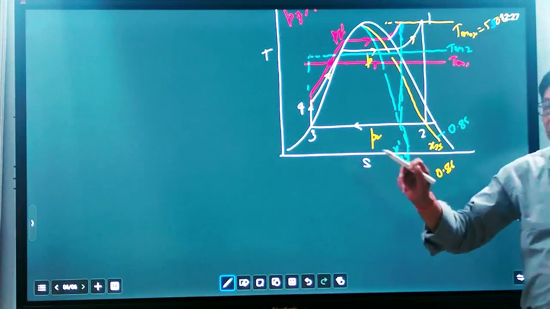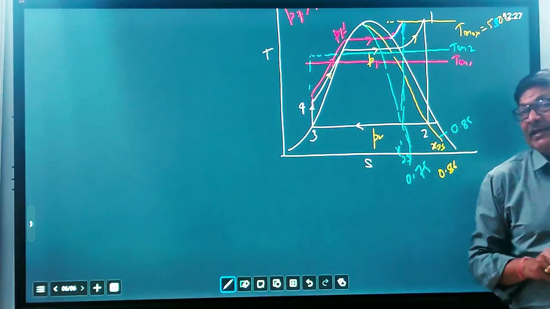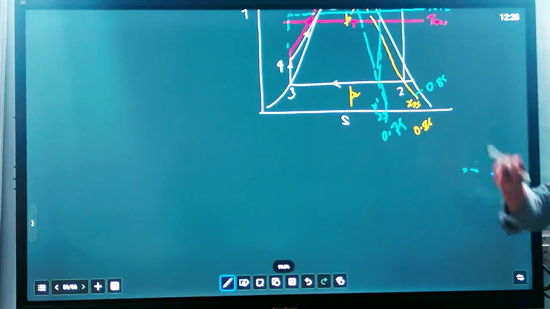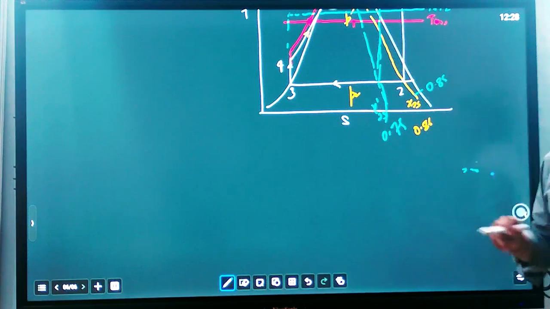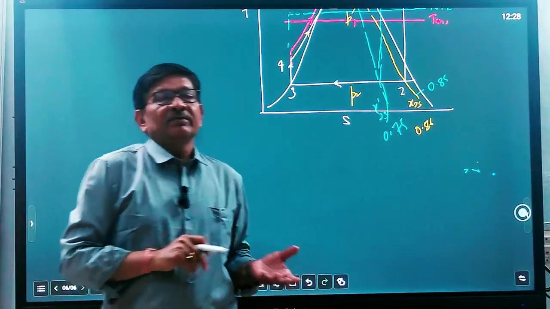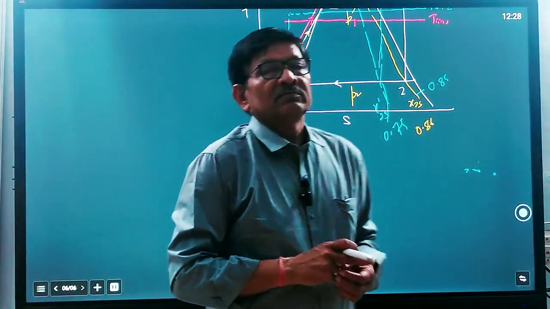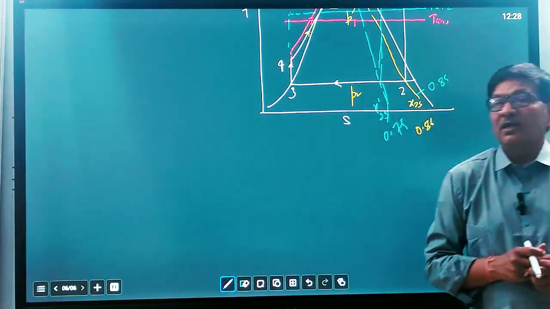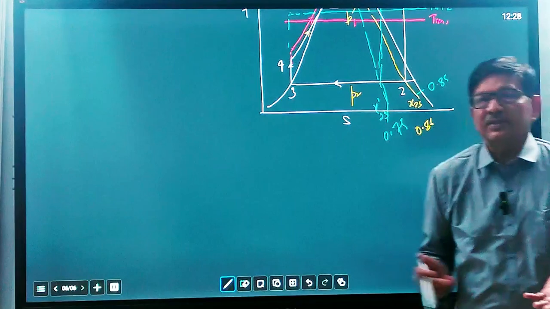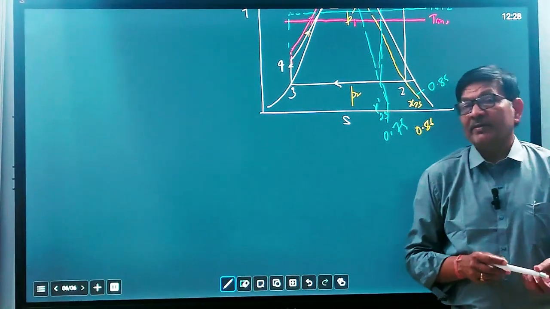Maximum temperature is fixed because of the thermal stresses that the material has to bear, and maximum pressure is fixed because the steam quality should not be lesser than 0.85. So for a single stage turbine, we can't go beyond 500 degrees centigrade, and pressure should not be higher than 20 megapascal. 20 megapascal is the maximum pressure limit under which a single stage turbine can work.